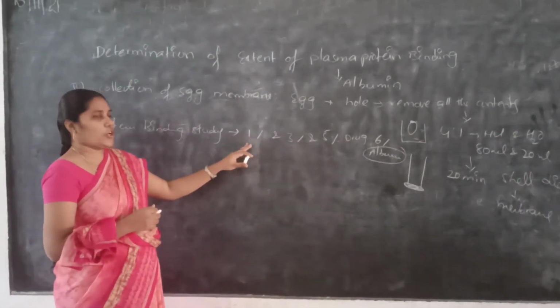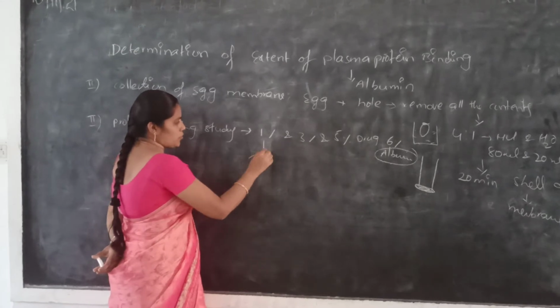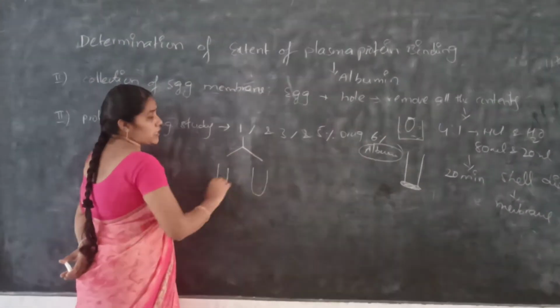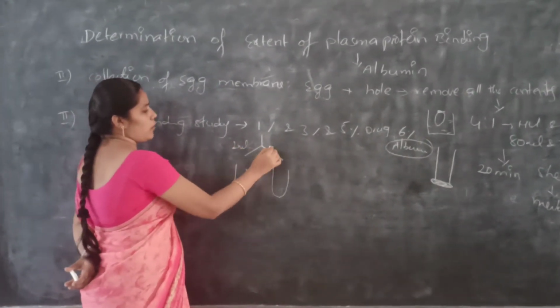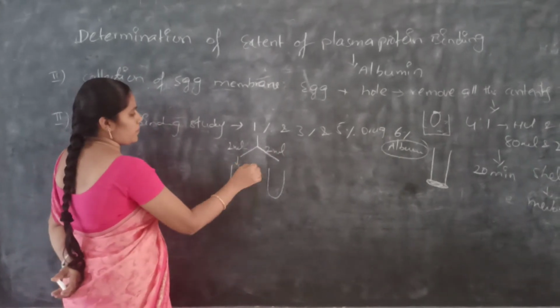From each concentration, we need to take 2 ml of drug solution and place it in 2 test tubes.